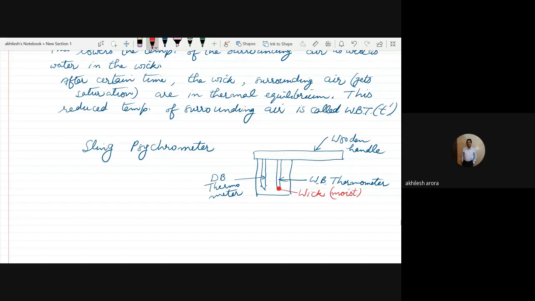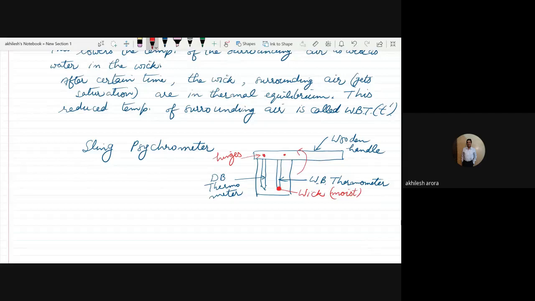And this sling psychrometer is hinged here. There are two hinges. Okay, hinge means like in an almirah, when you open the almirah, there is a hinge. So these are hinges. That means when I try to rotate this sling psychrometer, it will be able to move in a circular fashion.